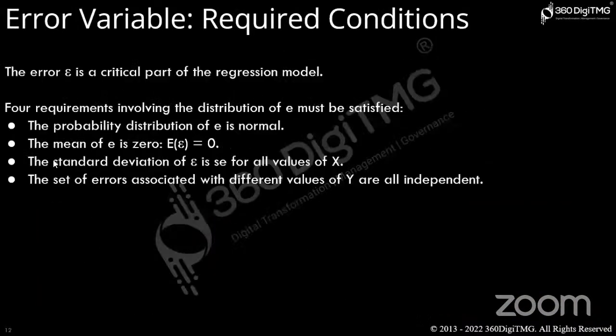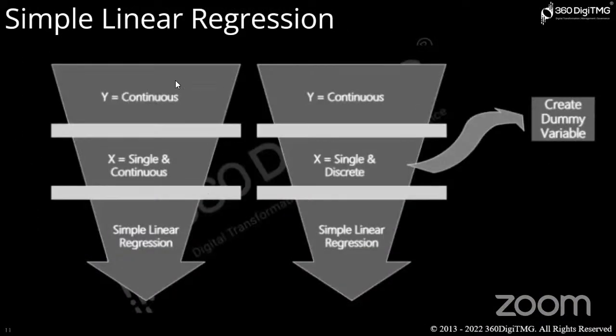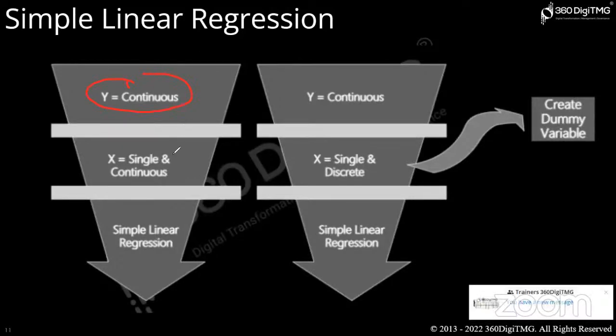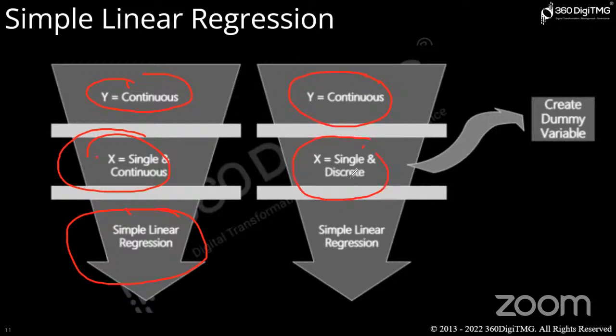So when it comes to simple linear regression, y, the output that we are having, should be continuous, and the input that you are reading should also be continuous. Then only can you go with simple linear regression. And if y is continuous and the input variable is not a continuous value, what do you have to do?